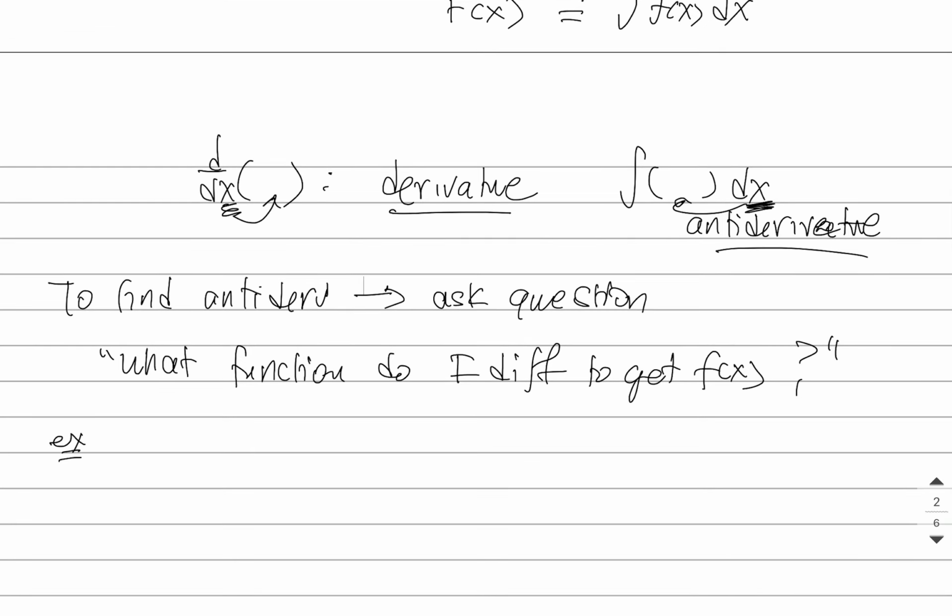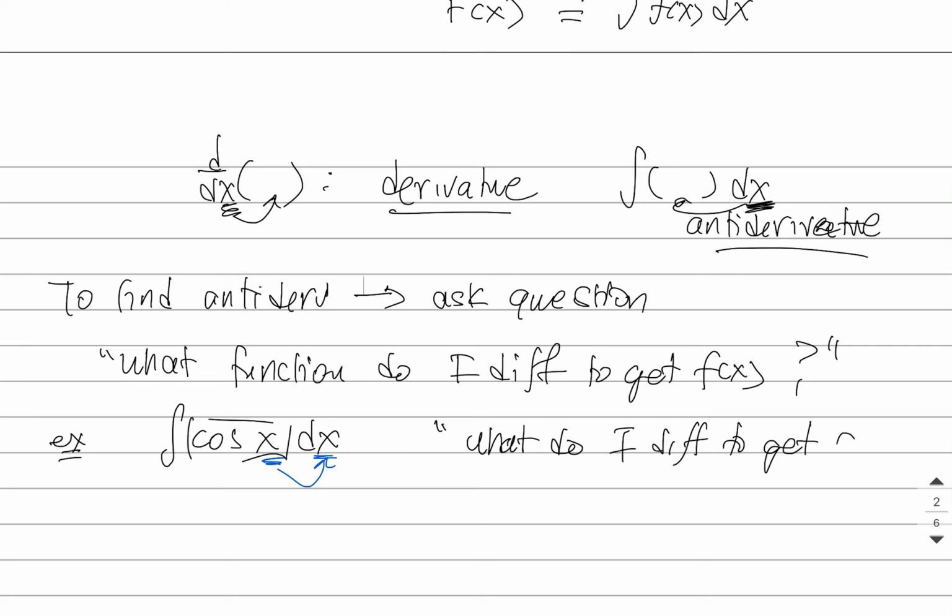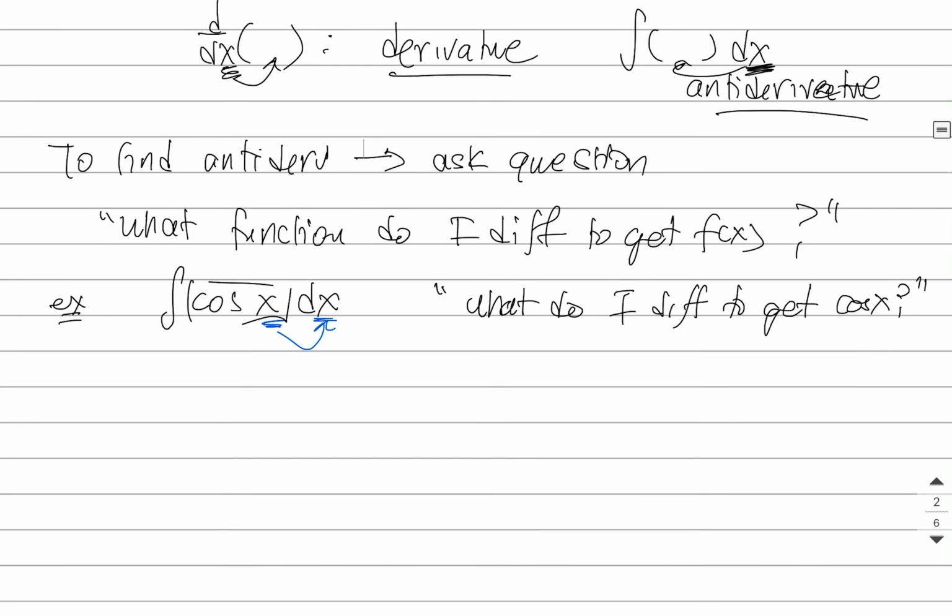If somebody writes down this expression, this is basically asking for an antiderivative. Again, we're having these two letters match. And the question is, what do I differentiate to get the function on the inside here? If you understand an antiderivative in that way, you'll find that finding a basic antiderivative is very easy.